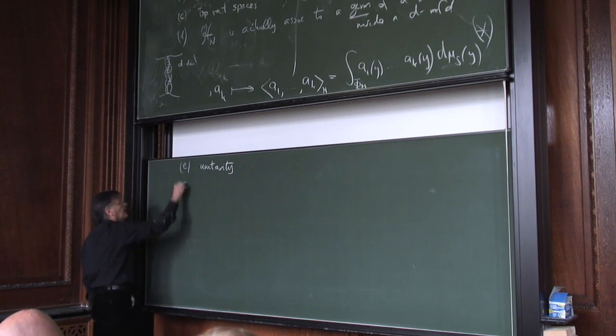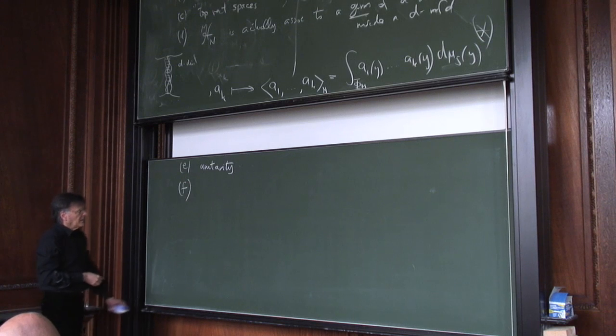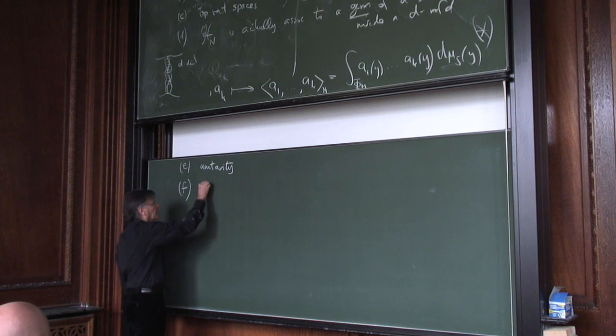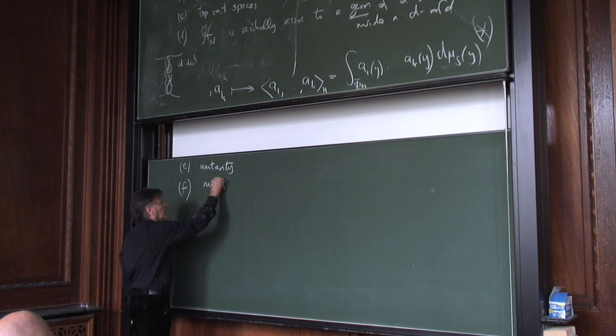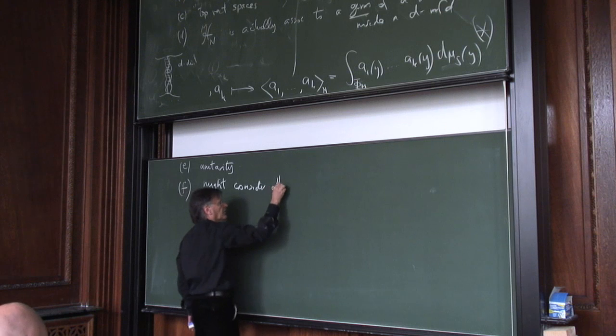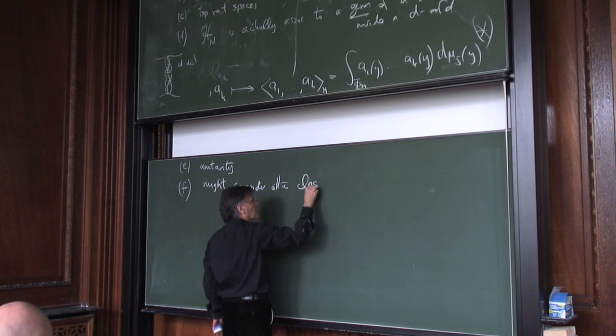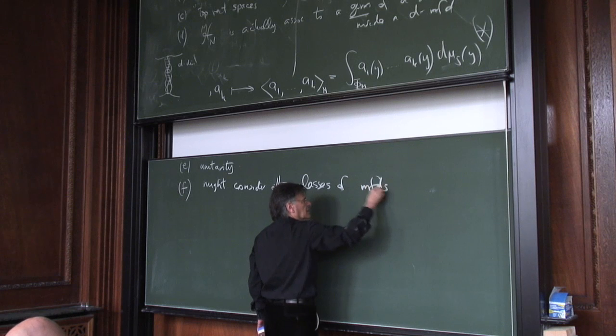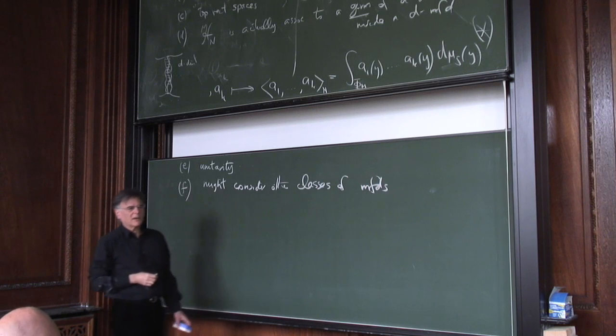And finally, I should mention that there are a lot of possible different structures. So we might consider other classes of manifolds. So I've taken oriented Riemannian manifolds.